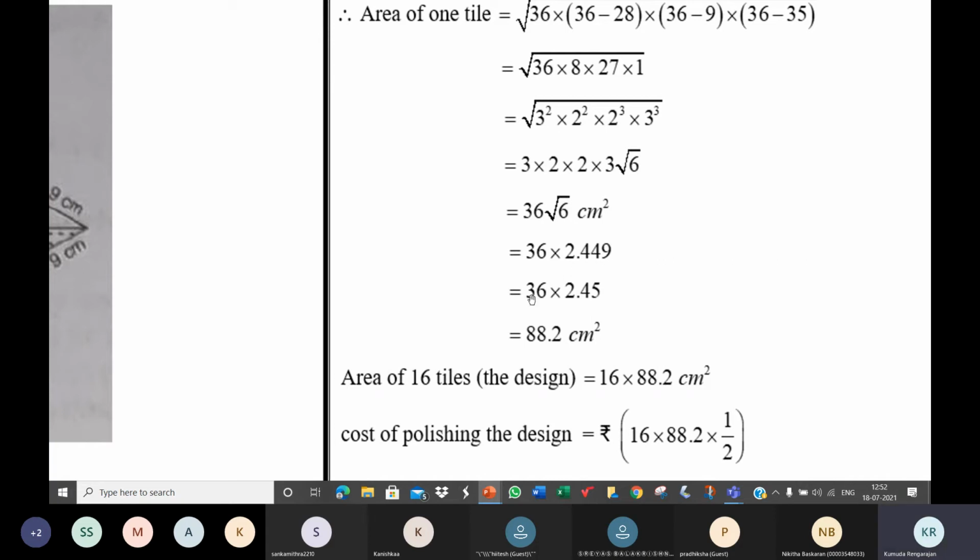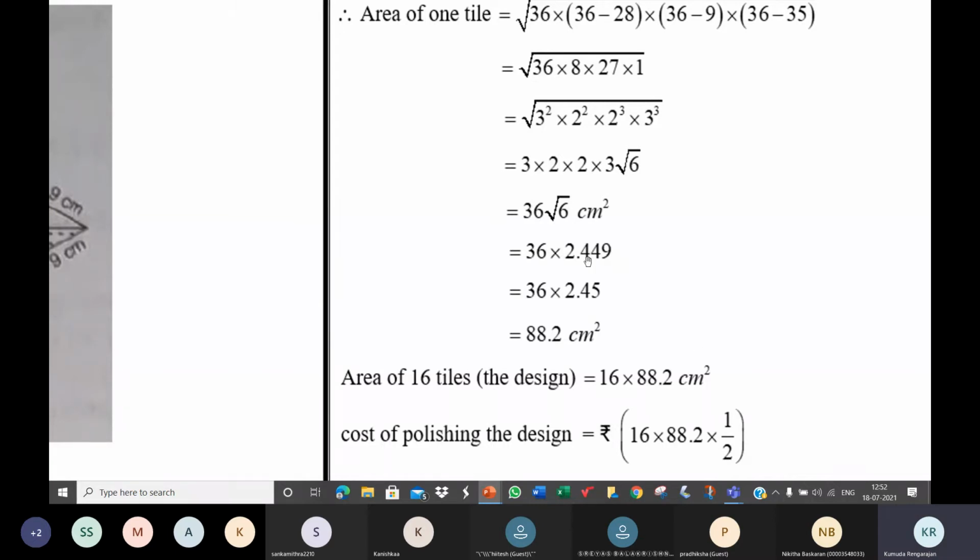Apply that. If you have to find only the area of the design, you can leave the answer. If the value of root 6 is not provided in the question, you can just continue with root 6. You don't have to find its value. Leave your answer in root 6. I have found the decimal value, though it's not given in the question.